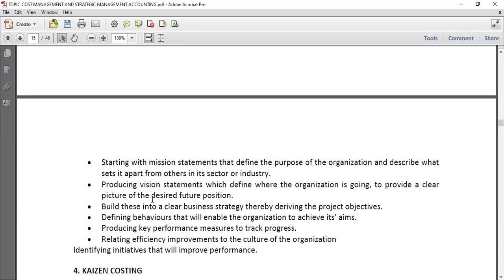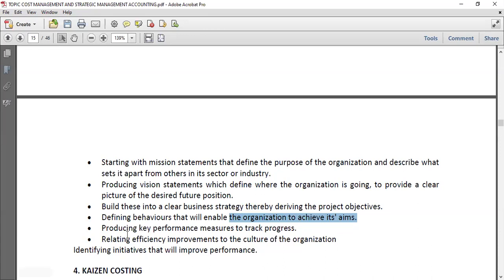So the others build these into clear business strategies, thereby deriving the project objectives. And then we define behaviors that will enable us achieve our aims, okay? And then we are also to produce the key performance measures to drive the process or to track the process.